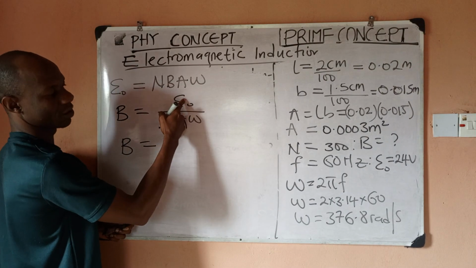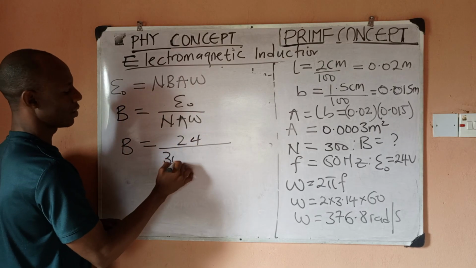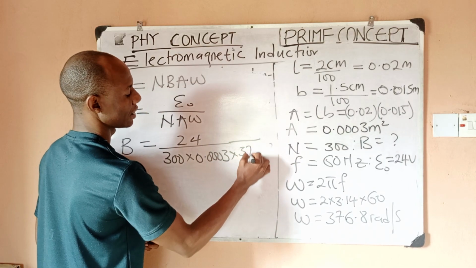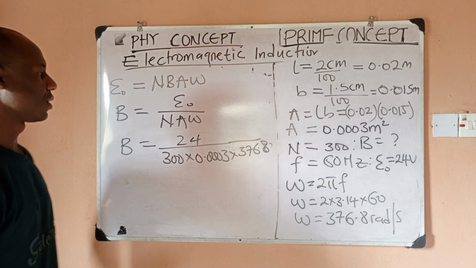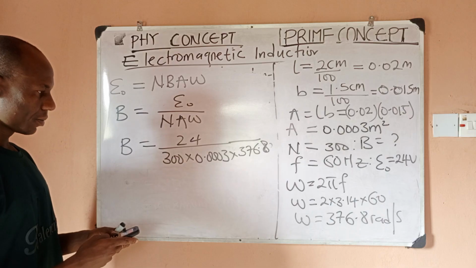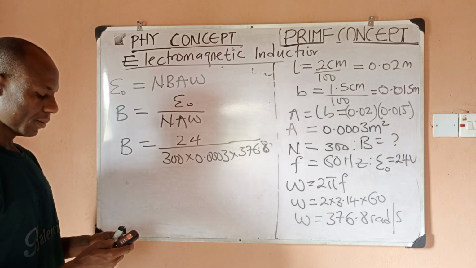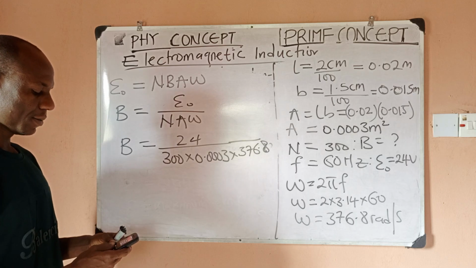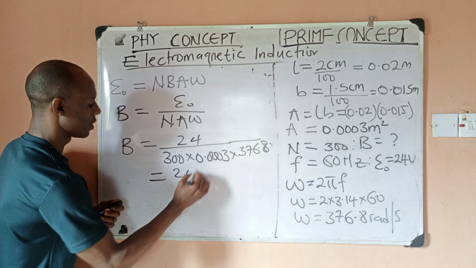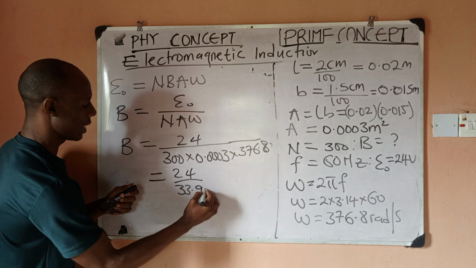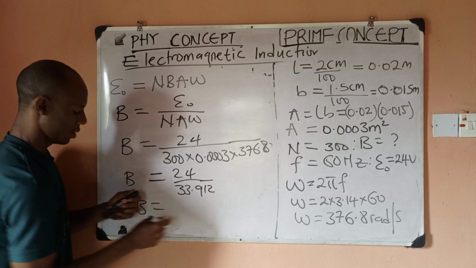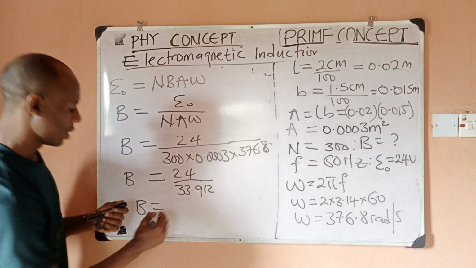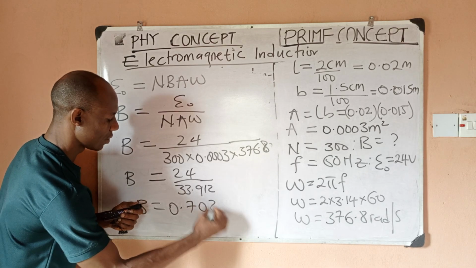So B is 24 over N, which is 300, times the area 0.0003, times omega, 376.8. Multiplying 376.8 by 0.0003 by 300 gives 33.912. So 24 divided by 33.912 gives me 0.708 Tesla.